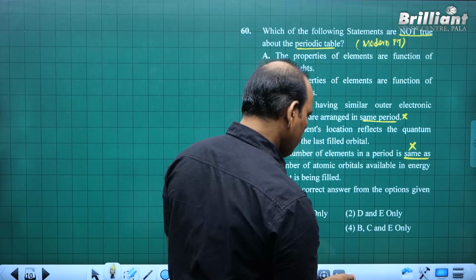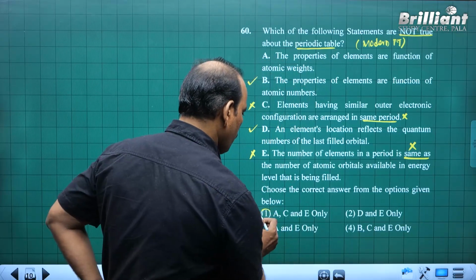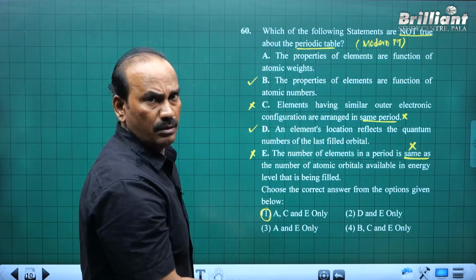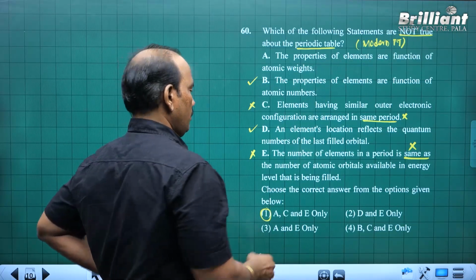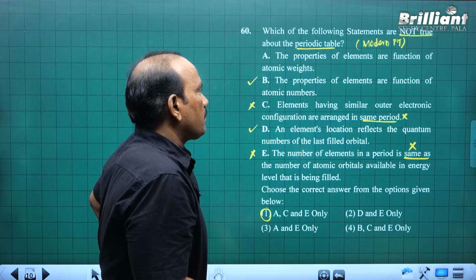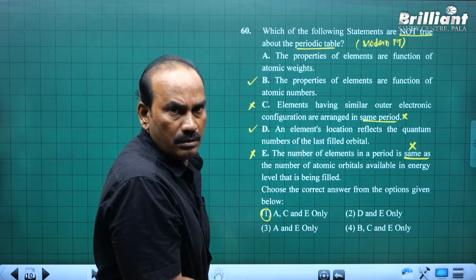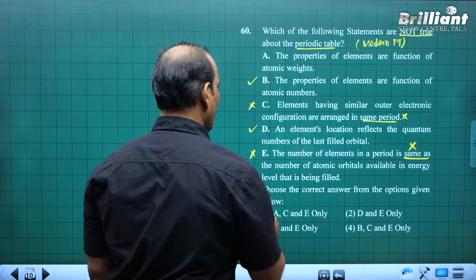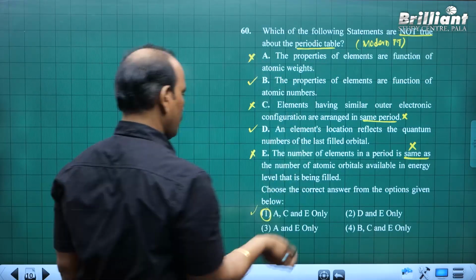Then here we considered the modern periodic table. So the option is: properties of elements are functions of atomic weight. That is not correct for the modern periodic table. So the option is this one. Okay.